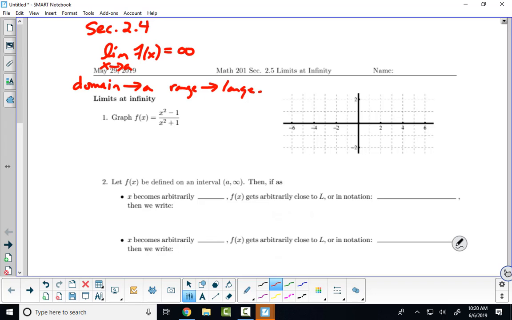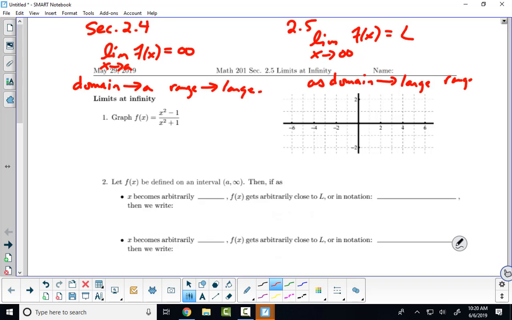Okay? Because here in 2.5, we're going to look at the limit as x approaches infinity of f of x, and we're going to say that that's something like L in some cases. Not always, but in some cases. So what's going on here? As the domain values get large, do the range values approach some number L?